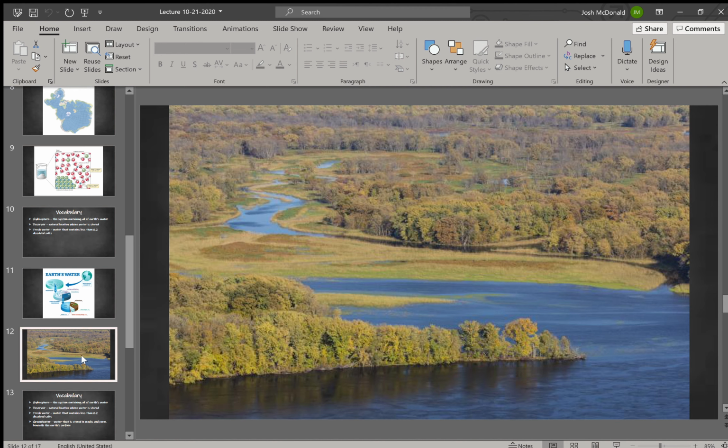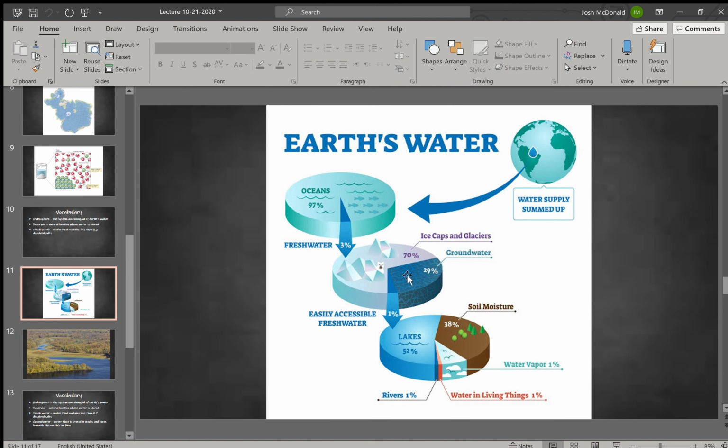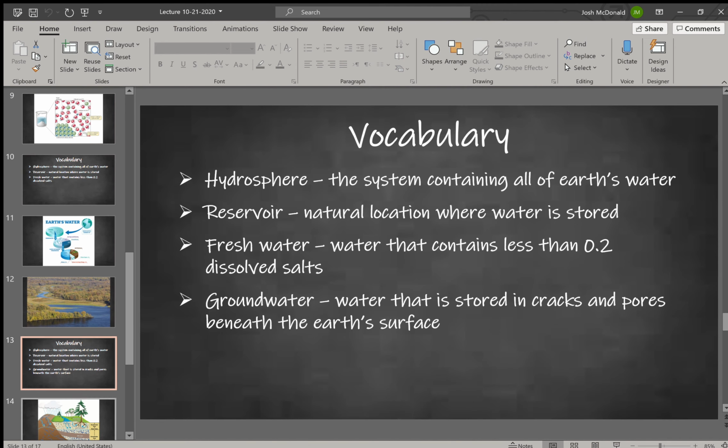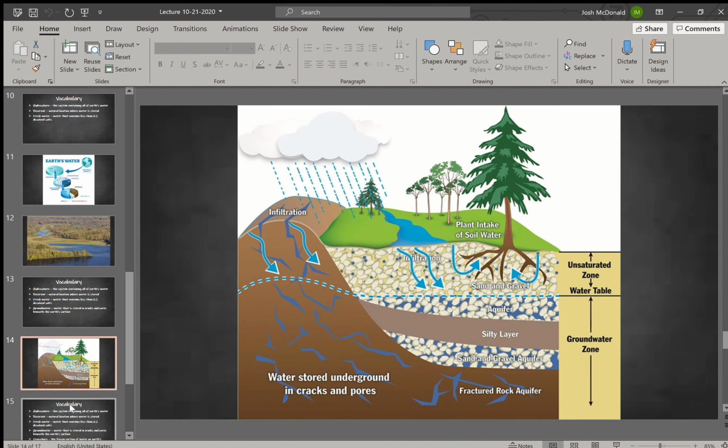Now, let's talk about this other 29% of fresh water. 29% is groundwater. Groundwater is water that is stored in cracks and pores beneath the Earth's surface. Here's a graphic that you can see.